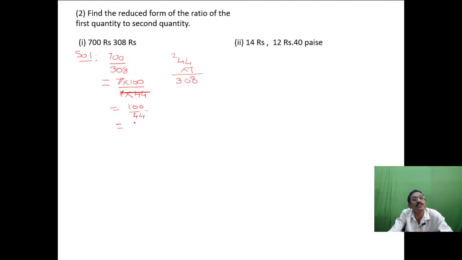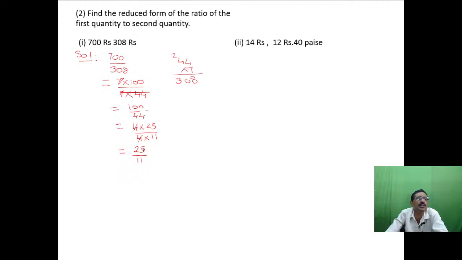So I got 4 into 25 upon 4 into 11. 4 ones are 4, 4 ones are 4, which is equal to 25 upon 11.